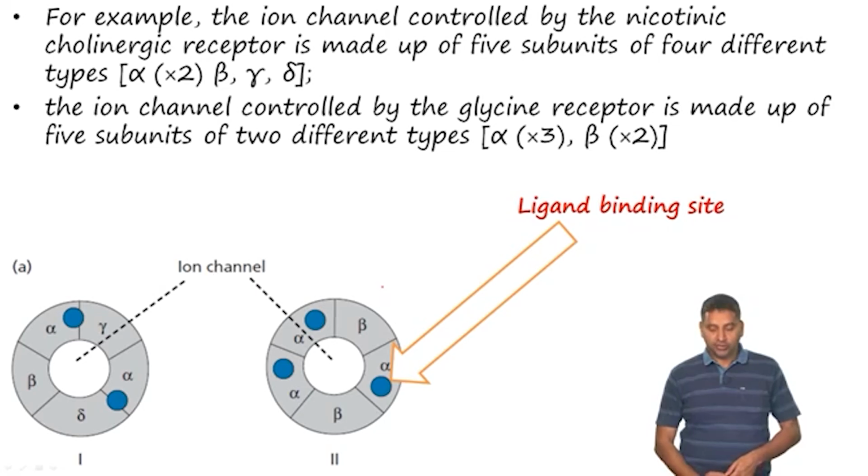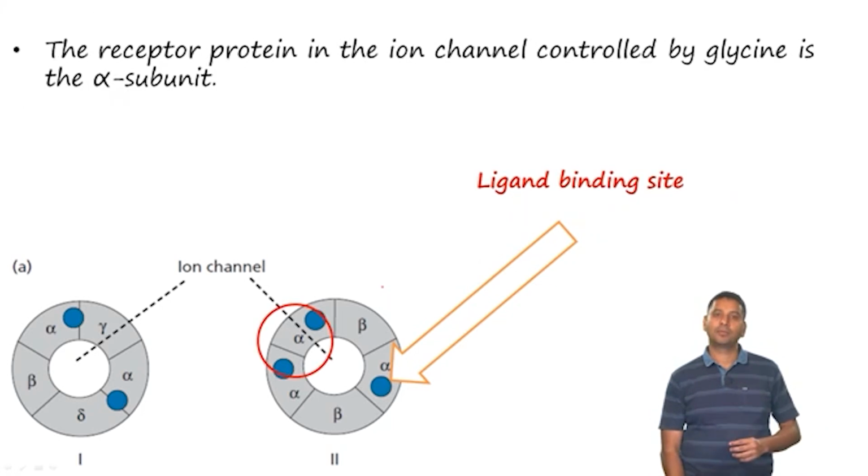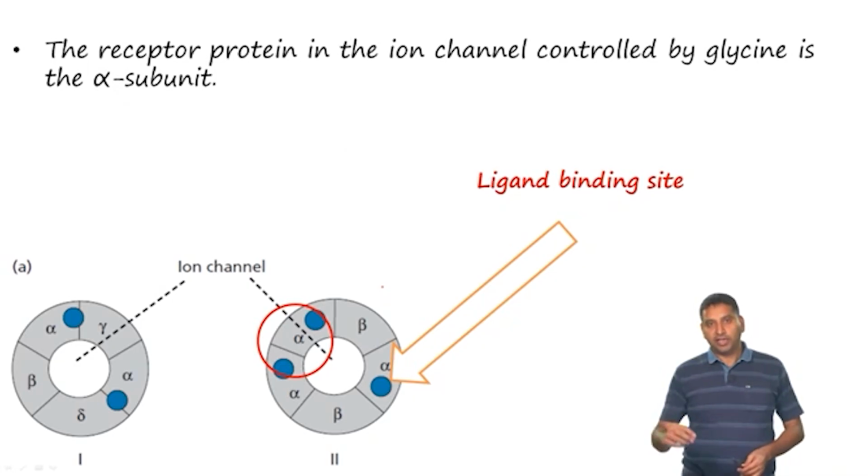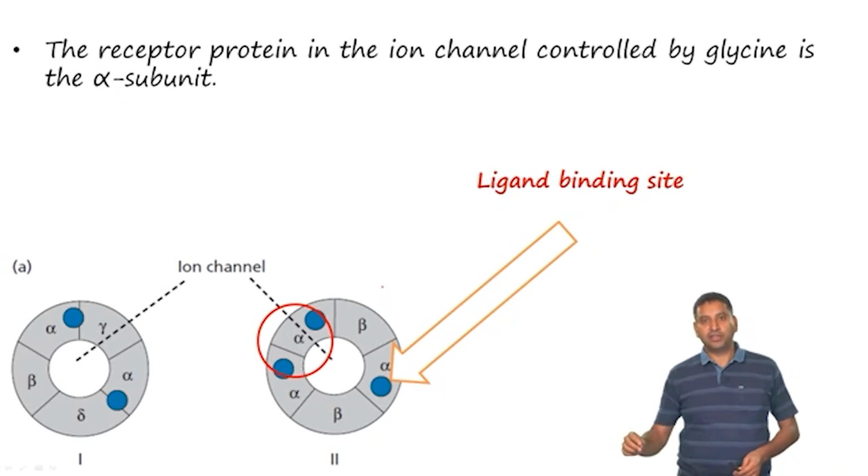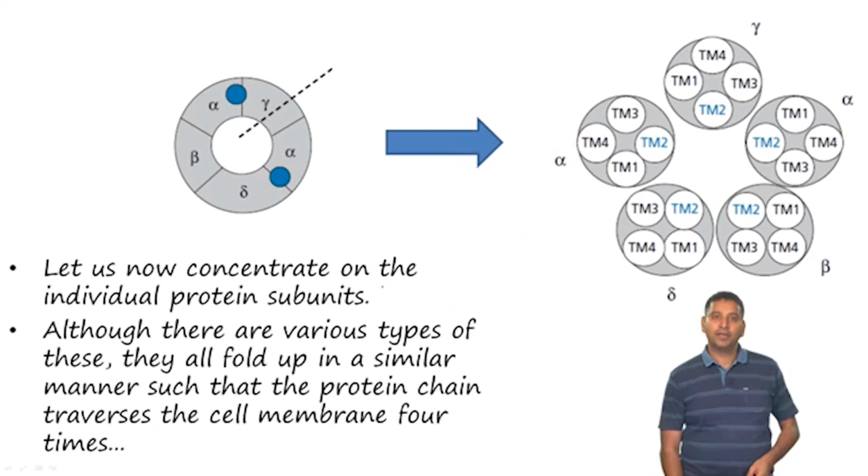Over here, the light blue colored circle indicates the ligand binding site. So, in this particular case, this is where glycine binds. In this glycine binding, the receptor protein in the ion channel that is controlled by glycine is the alpha subunit as shown here.